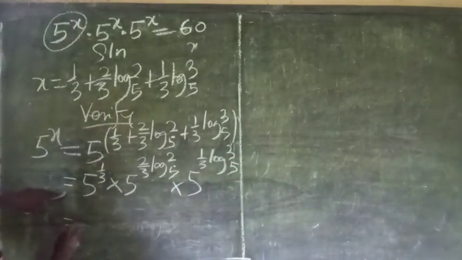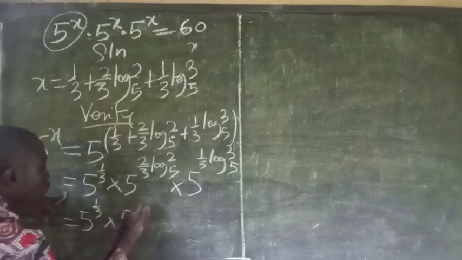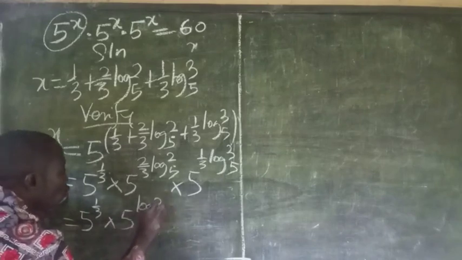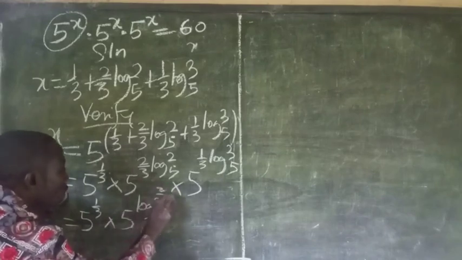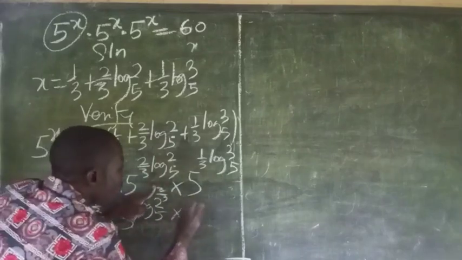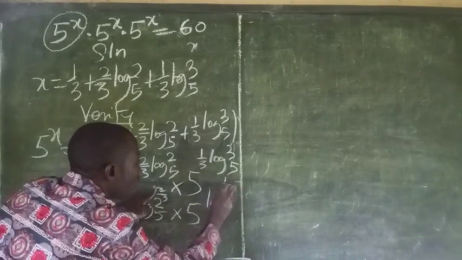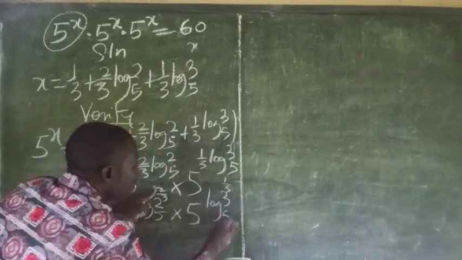And this is the same thing as 5 raised to power 1 over 3 times 5 raised to power log 2 raised to power 2 over 3 base 5, the power goes up, times 5 raised to power log 3 raised to power 1 over 3 base 5.